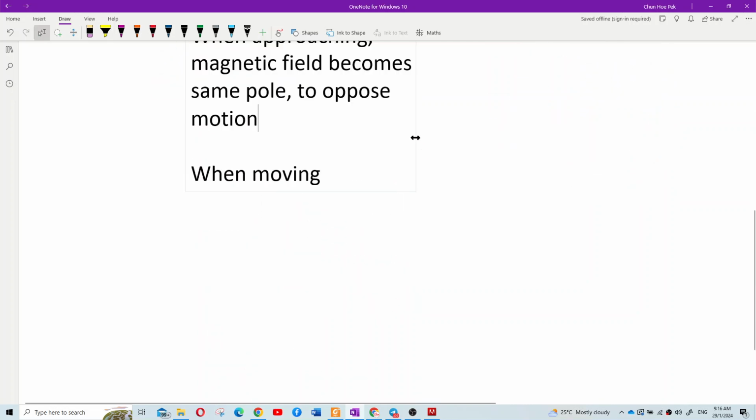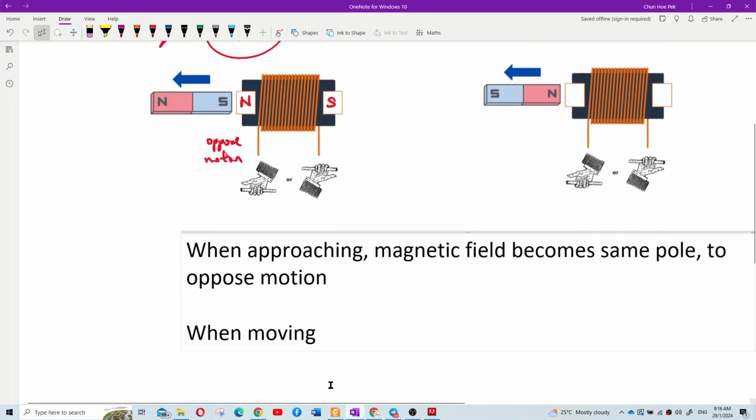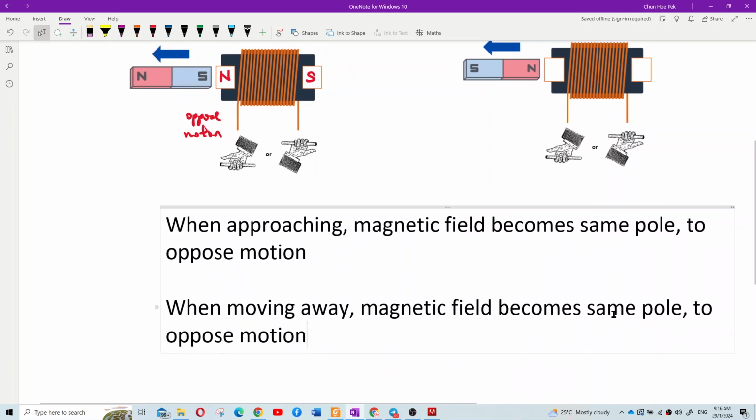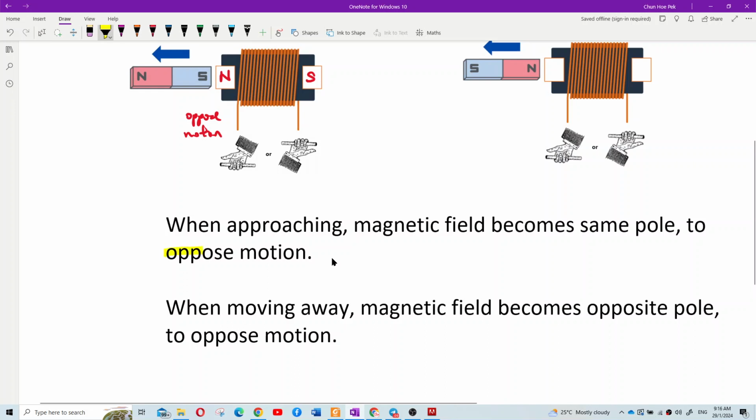Okay, to oppose motion. When moving away, it become opposite pole to oppose motion also. You understand the yang penting ya. Oppose motion itu ialah tentang Lenz law. It's about Lenz law. Oppose the word.